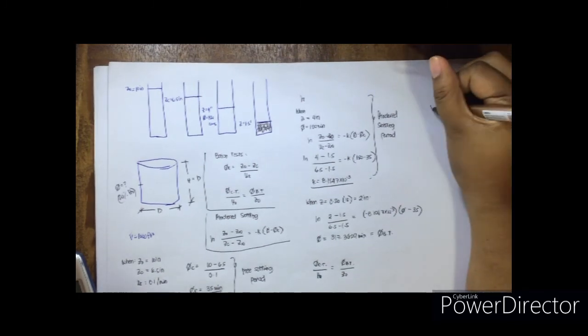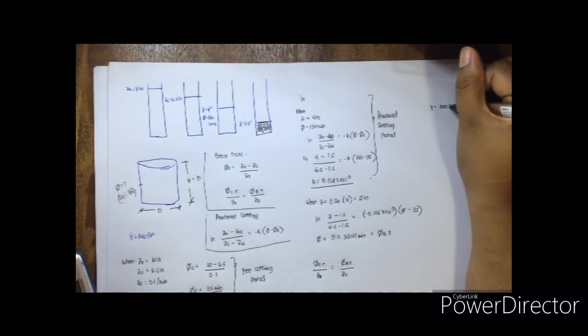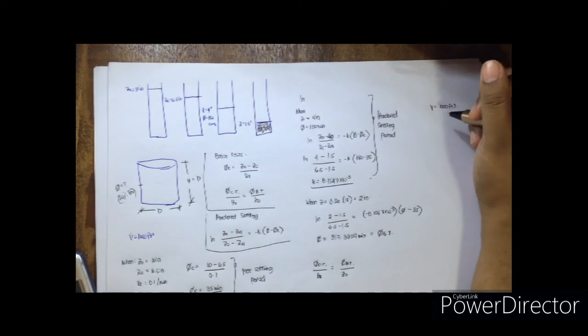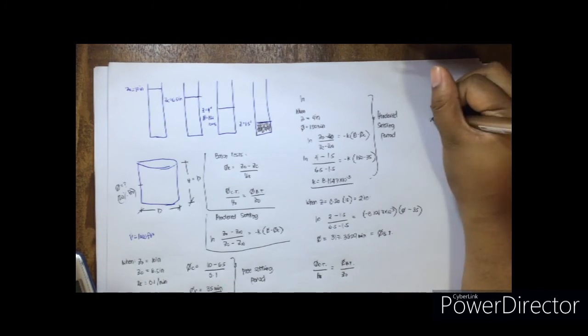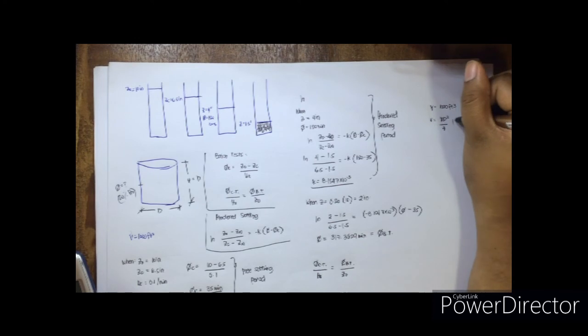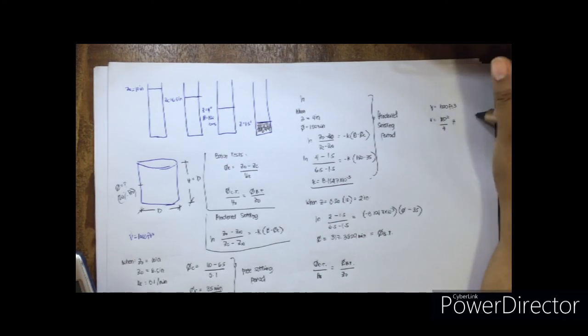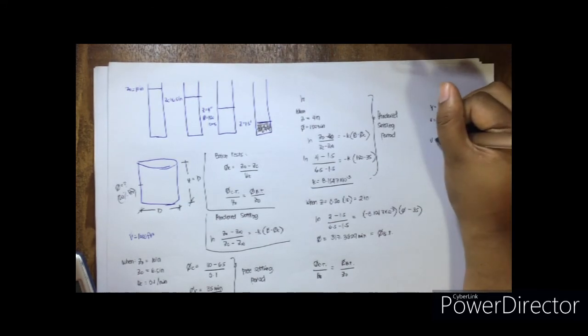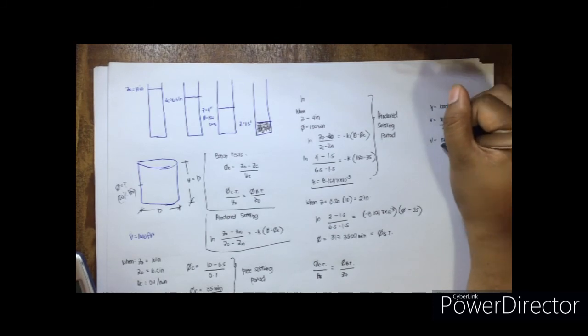Paano yun? I-correlate natin siya sa kanyang volume. So, volume of tank, the volume is pi d squared over 4 times the height. So, since ang sabi sa problem, the diameter is also equivalent to the height, we can just simply make this pi d cube over 4.